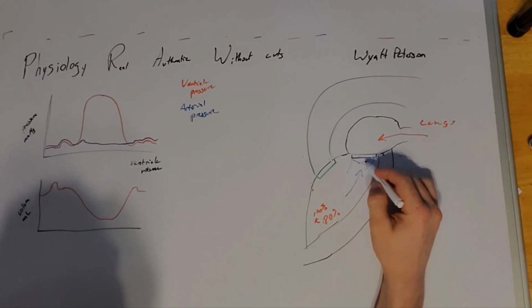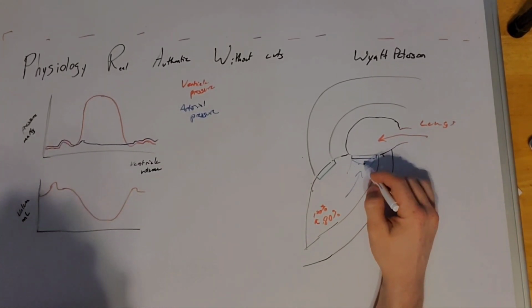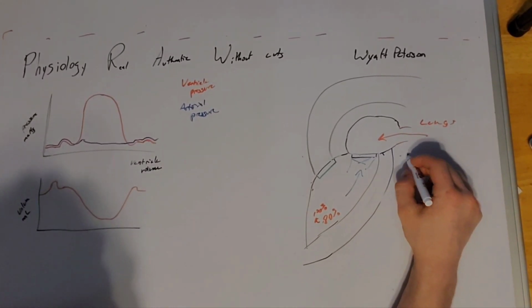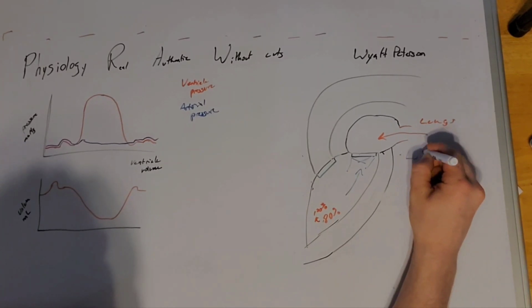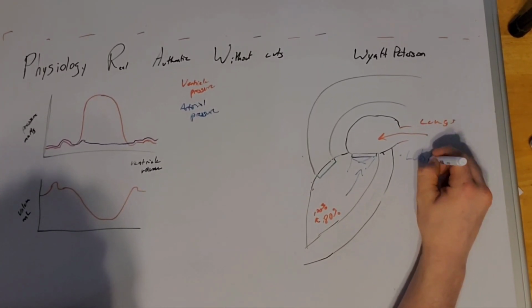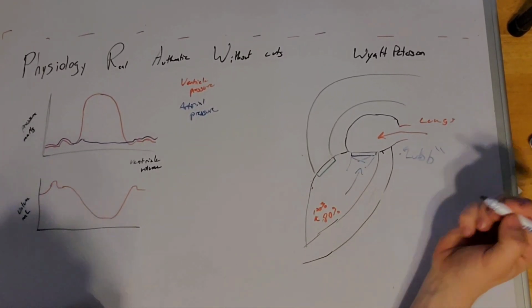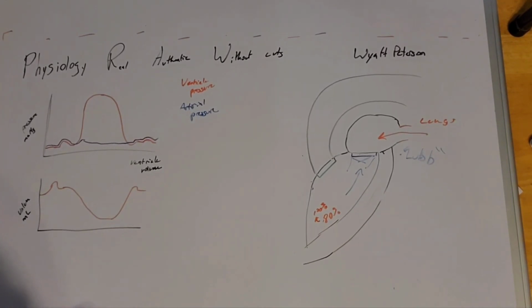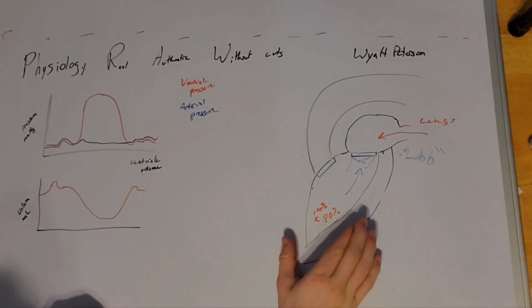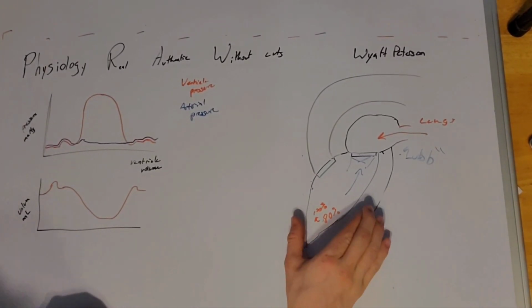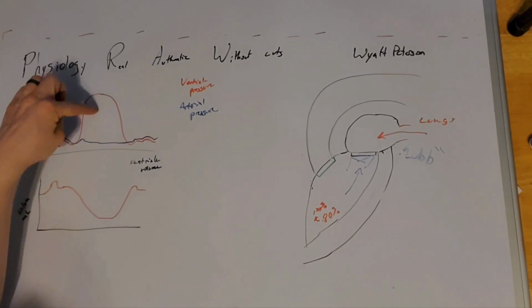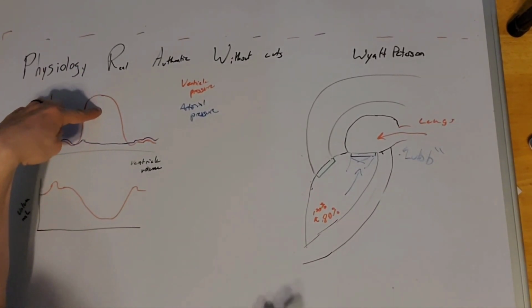So the pressure is going to snap the mitral valve closed, and this is the lub sound of it snapping closed, because this ventricle is starting to contract, and that's what this spike in pressure is for the ventricle.